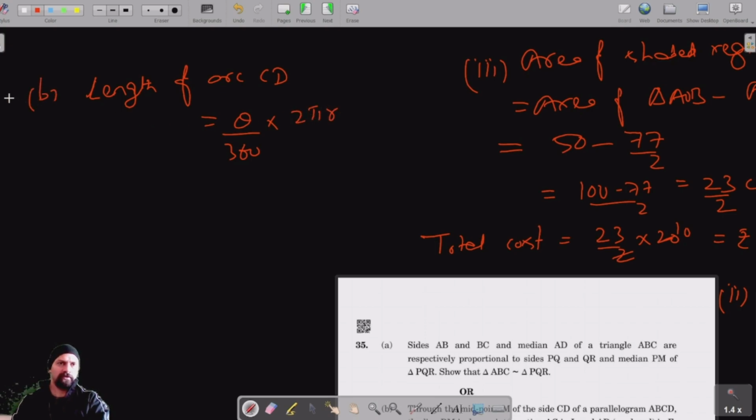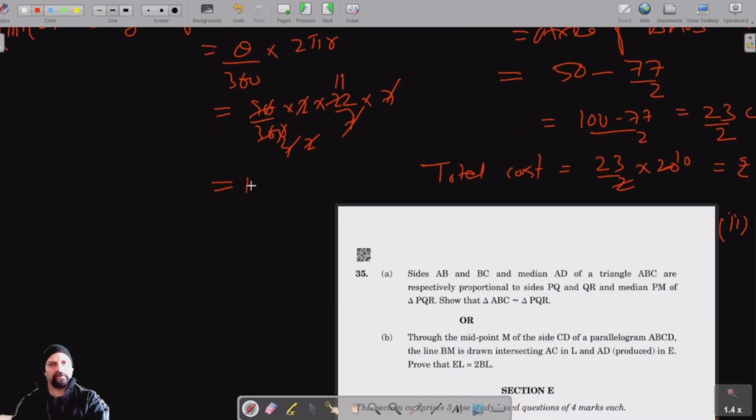This is part B of question number three, and it's 90 by 360 into 2 into 22 by 7. Radius is 7. So this is 4, 2, and 11, which is equal to 11 centimeters. So the arc length is 11 centimeter, and this solves our question number 36. Let's move on to question number 37.